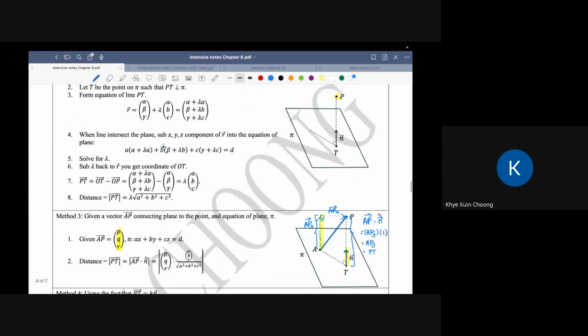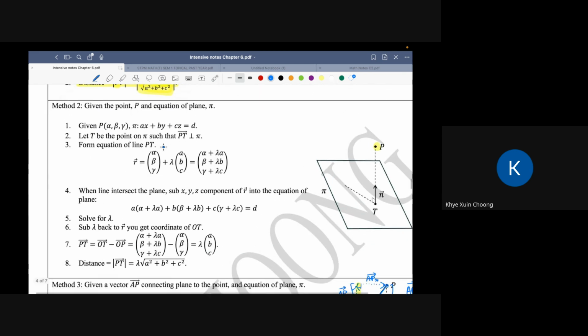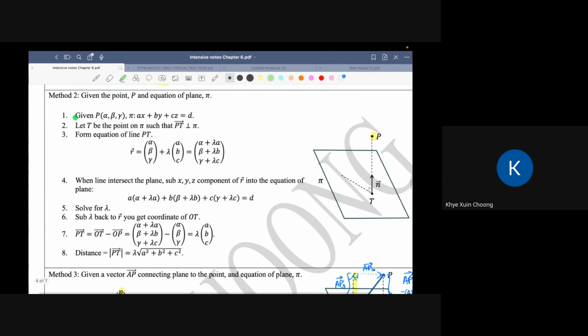So let me discuss method 2. For method 2, let's say we are given this point and this plane. We must find a point T. Let's say we let a point T on the plane such that PT is perpendicular to the plane. From there, we form the equation of line PT.